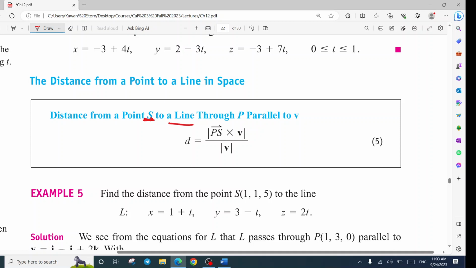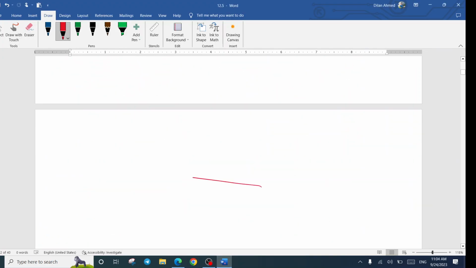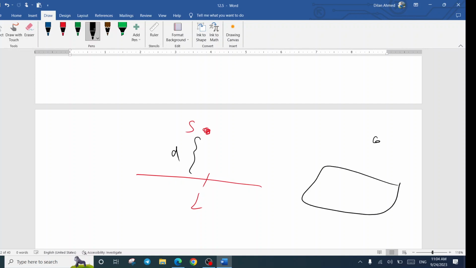Between a point and a line, line L and point S. So I want to find this distance. Which rule should we use? Later we have a distance between a point and a plane. Please take care and be careful when we mention something.